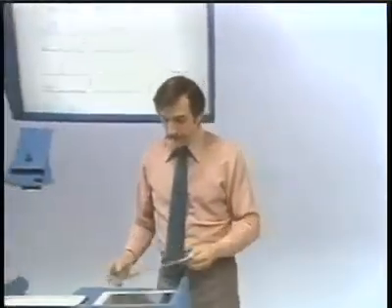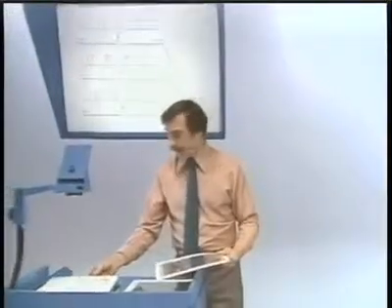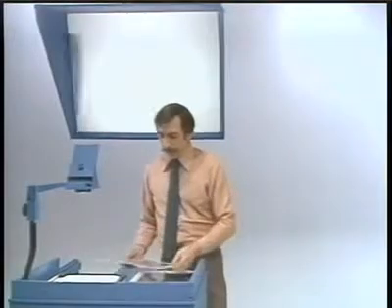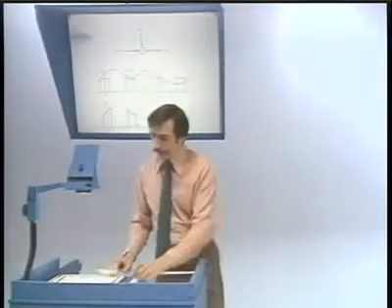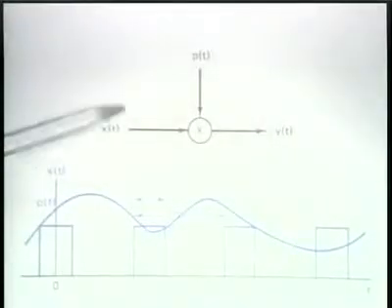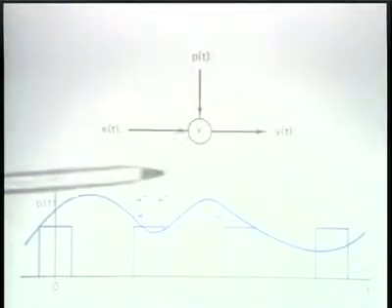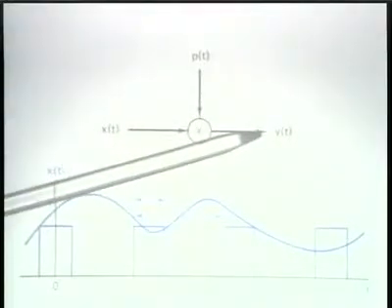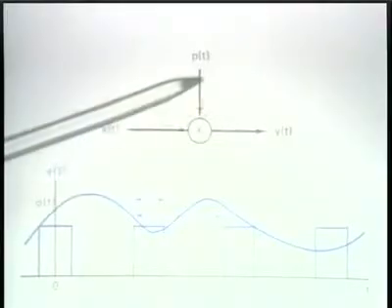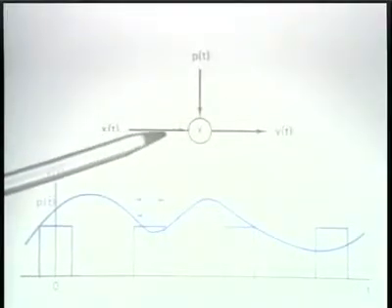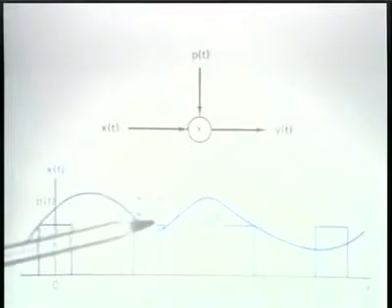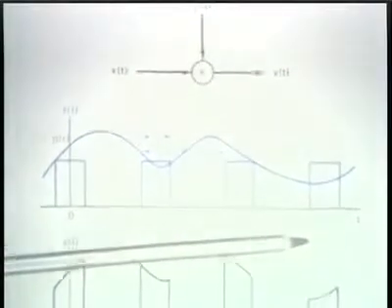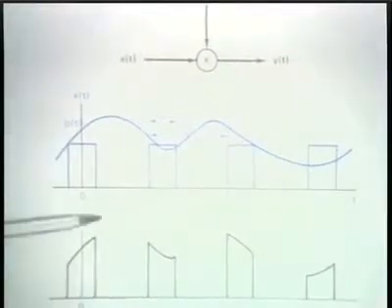Okay, so what we have then is the notion that we can multiply a time function by a pulse train, as I indicate here, and if the frequency of this pulse train is high enough in relation to this bandwidth, from the output, which consists of time slices, from those time slices I can recover the original signal.